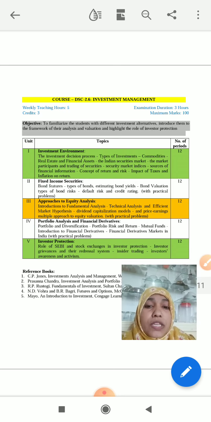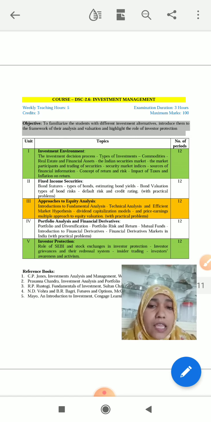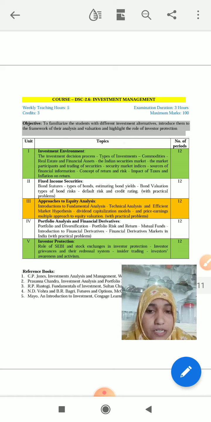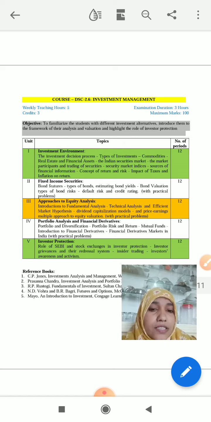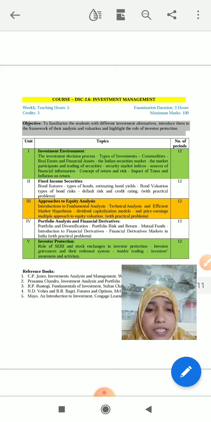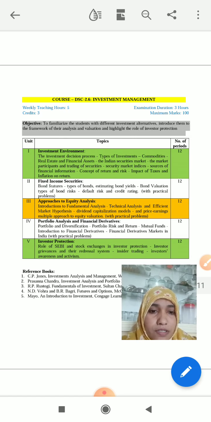Now let's move to the last chapter, that is nothing but investors protection. Here we are going to get to know the role of SEBI. SEBI is nothing but the Securities Exchange Board of India. So the role of SEBI and stock exchange in investors protection covers investors grievances and their redressal system, insider trading, investors awareness and activism.